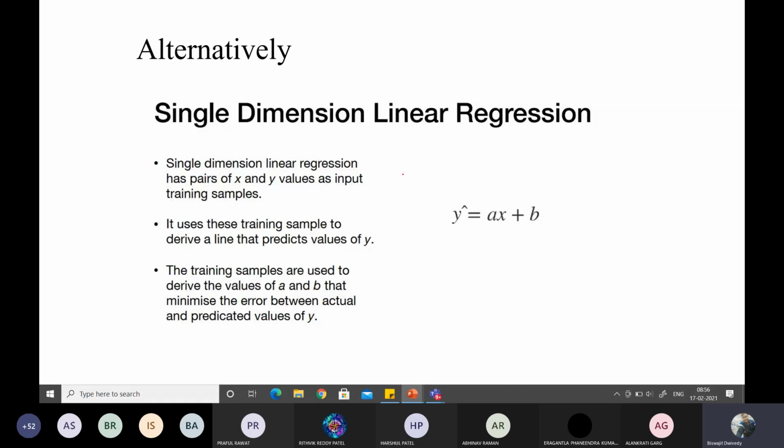Your line of regression, you can represent as y equals ax plus b. Here the slope m is written as a, and the y-intercept c has been written as b. Please note these are the changes that have been made in this case, and y cap is your predicted value. So y predicted, whatever, has been represented as y cap.